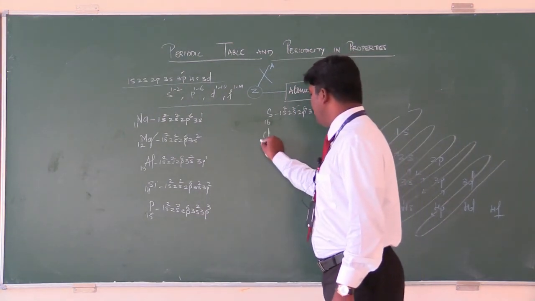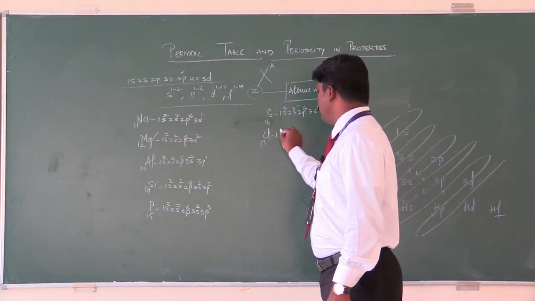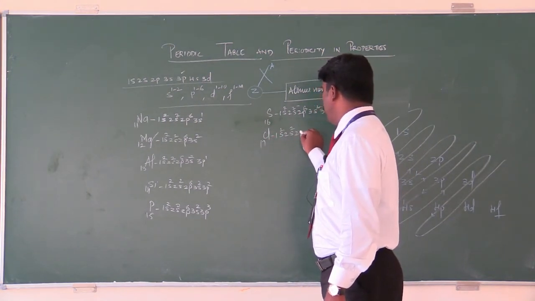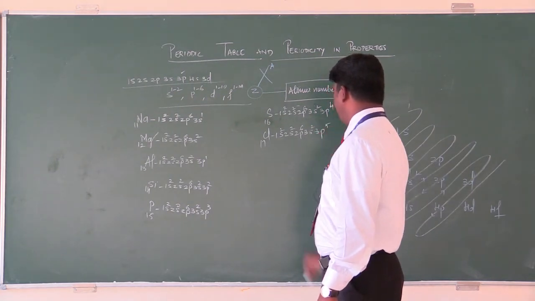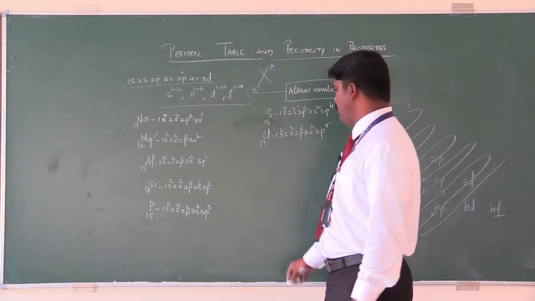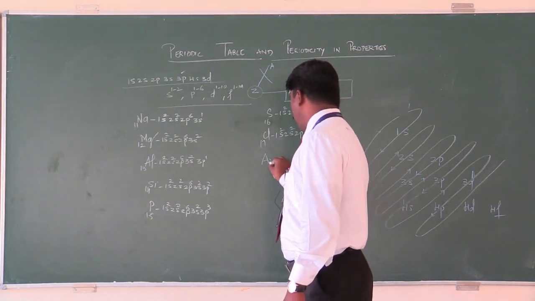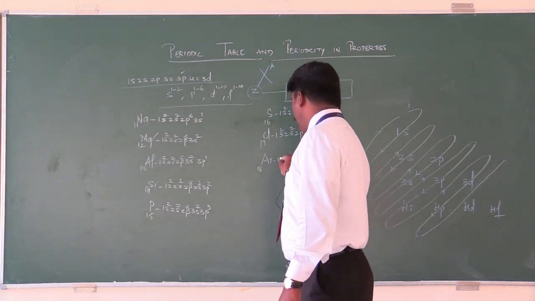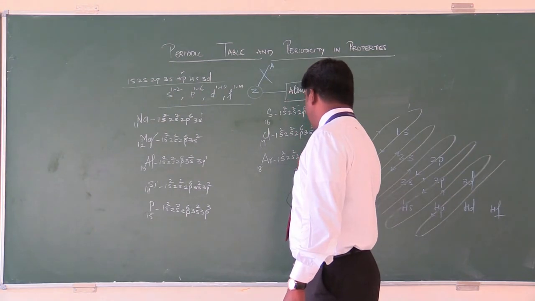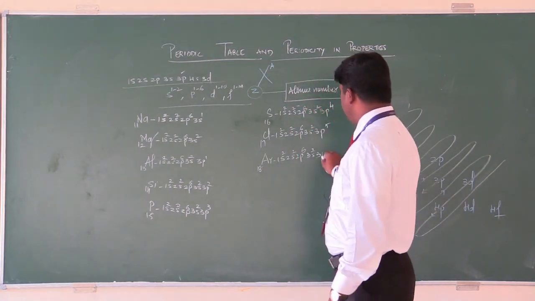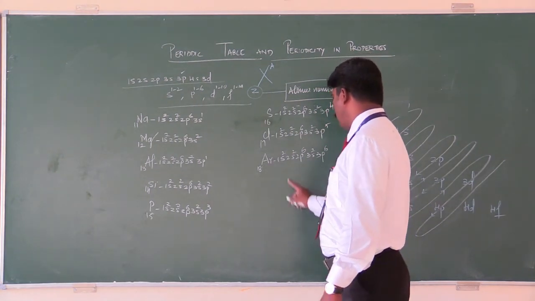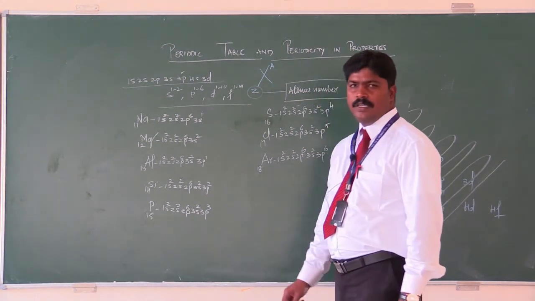Chlorine atomic number is 17: 1s2, 2s2, 2p6, 3s2 and 3p5. After chlorine comes argon. Argon atomic number is 18: 1s2, 2s2, 2p6, 3s2 and 3p6. So 10 plus 8, 18.